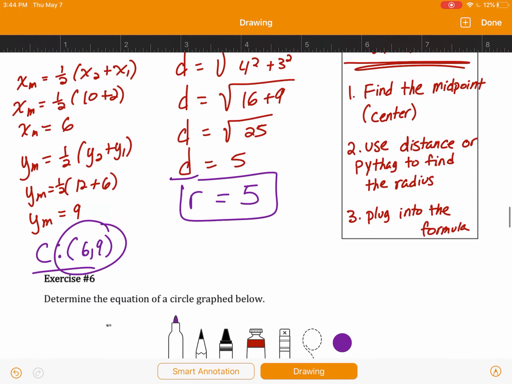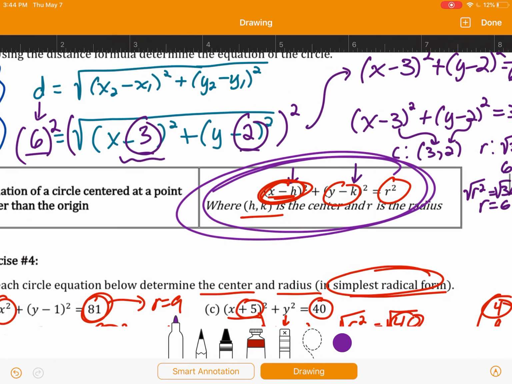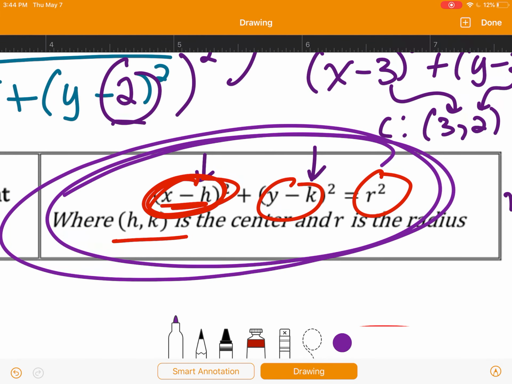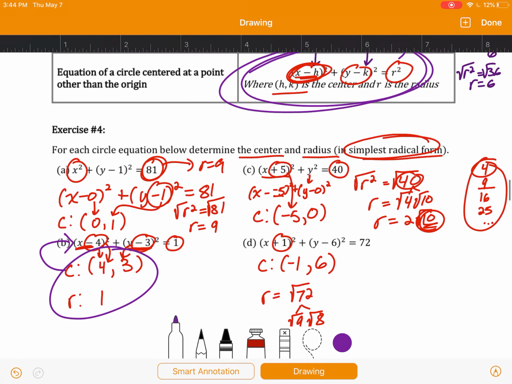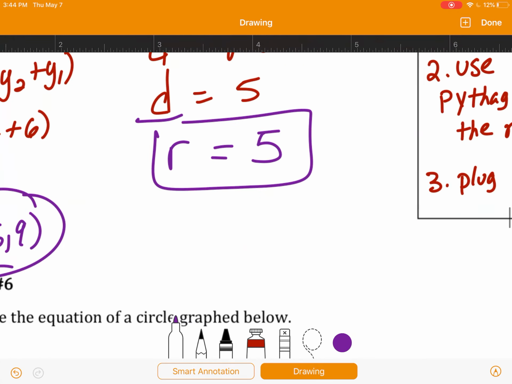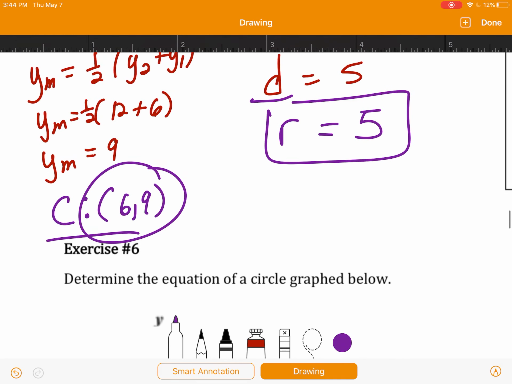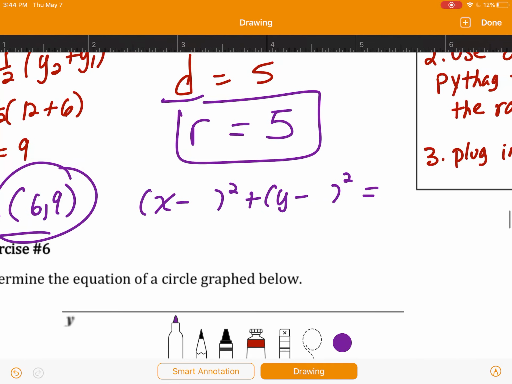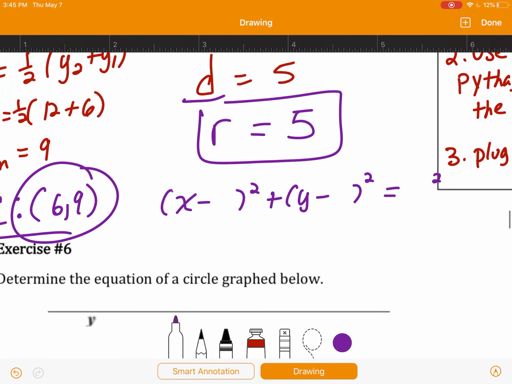So our formula is set up like this: (x − h)² + (y − k)² = r², where (h, k) is the center and r is the radius. So we're going to do (x − something)² + (y − something)² = r².